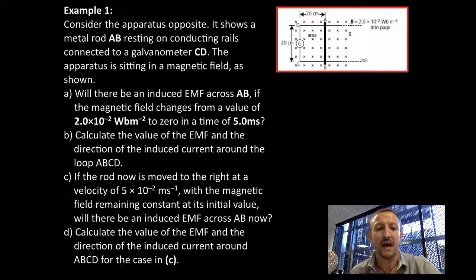So part C asks, if the rod now is moved to the right at a velocity of 5 times 10 to the negative 2 meters per second, the magnetic field will remain constant as what it started at, which is 2 times 10 to the negative 2, and we are then asked, will there be an induced electromotive force across AB now?